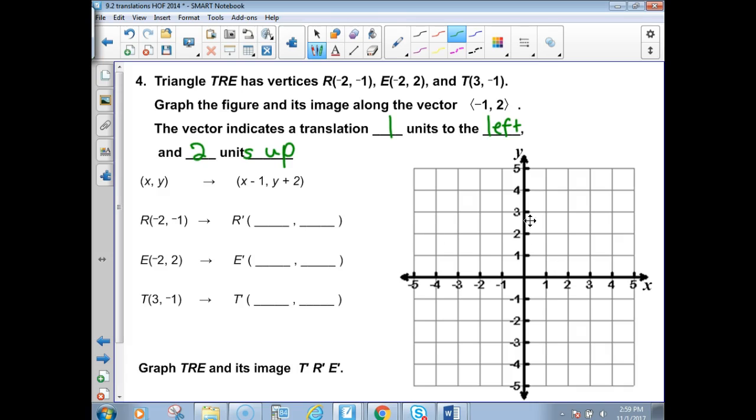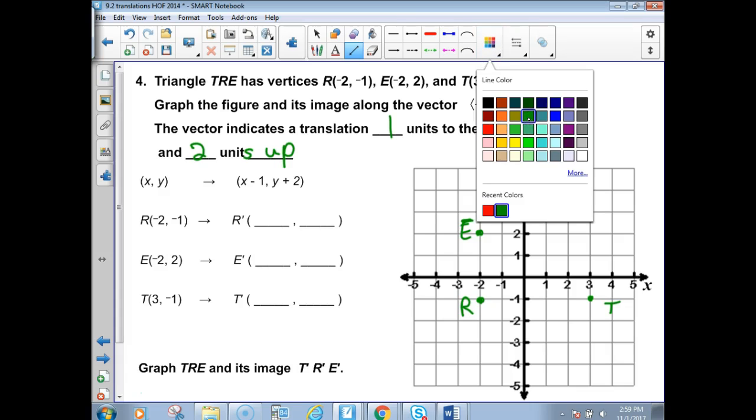Okay, so let's plot the original triangle first of all. At -2, -1, put point R. Negative 2, point E. Oh, my E's have been weird lately. T is at 3, negative 1. And then I'm going to go ahead and draw the triangle.